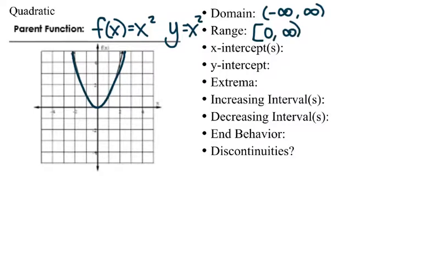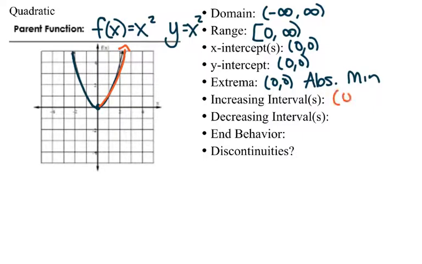So the x-intercept hits at 0, 0 on the x-axis, and the y-intercept is also at 0, 0. And I would say that it has an extrema right there at 0, 0, and I would call that an absolute minimum. Okay, so it's increasing on the right side, so from 0 to positive infinity. It's decreasing on the left side, so I'd say negative infinity to 0.